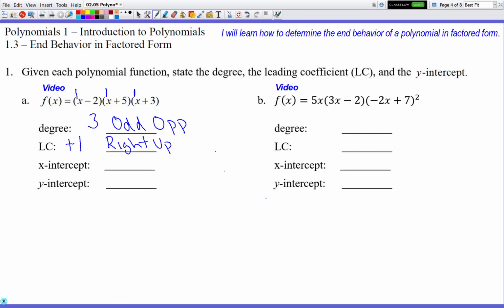We're going to grab each parentheses, so x minus 2, x plus 5, x plus 3, and we're going to figure out what makes each parentheses turn into a 0. And the number that we use to turn each parentheses into a 0, that's going to be the location of my x-intercept.